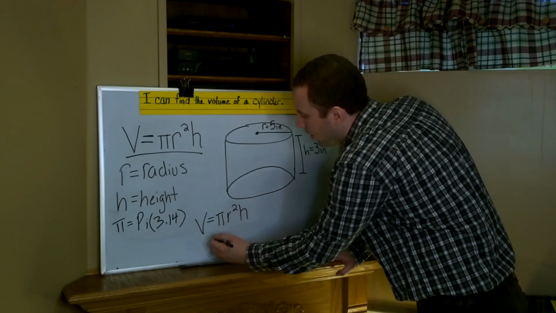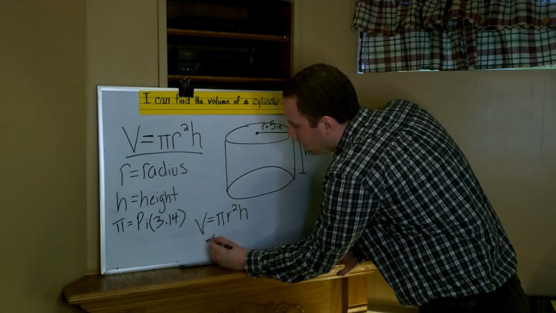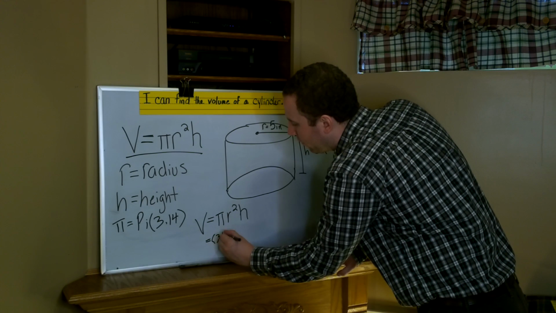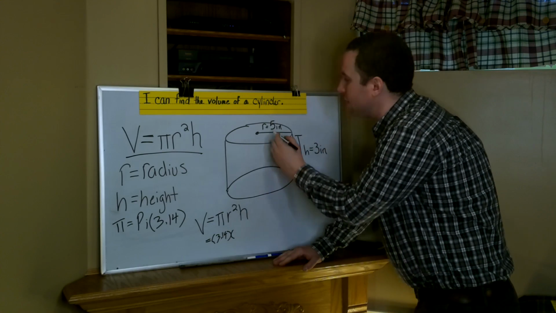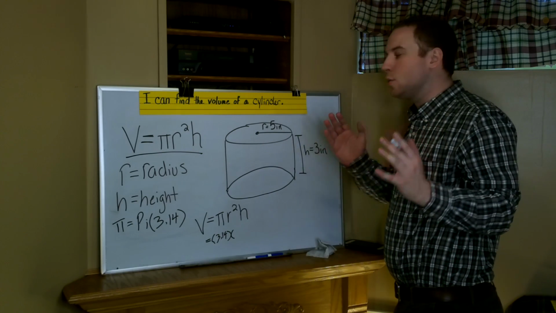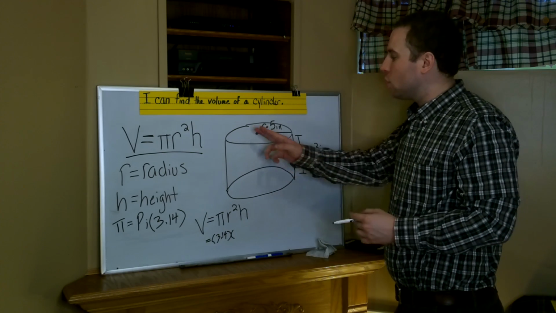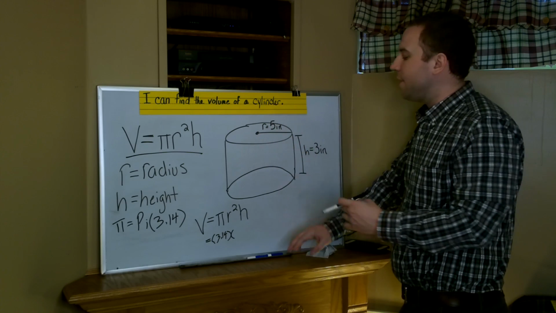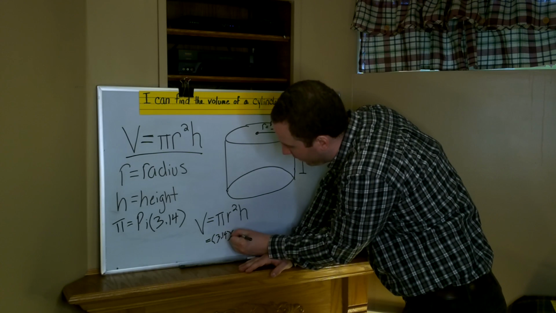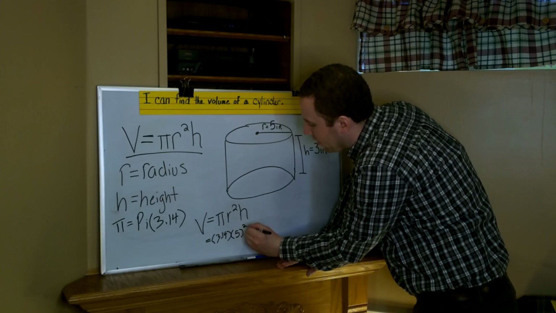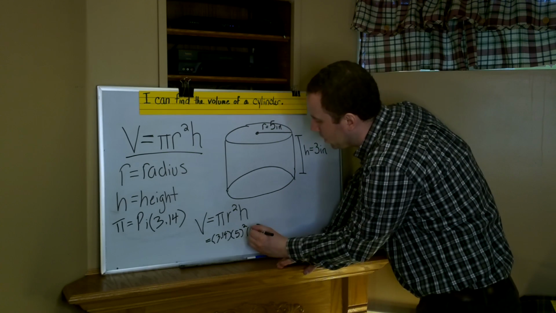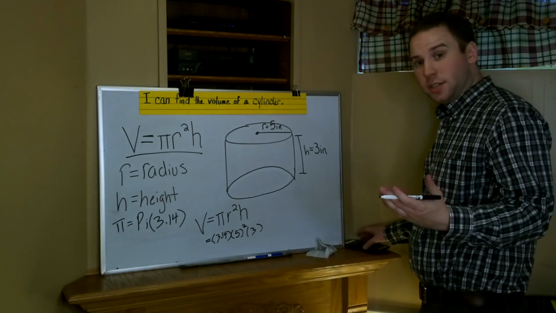Now, if we take our values and just plug them in, we get pi, which is 3.14, times the radius squared. The radius, again, radius always deals with what? Circles, right. So our radius here is 5 inches. So we're going to plug in 5, we're going to square it, and then we're going to multiply that by the height, which is 3 inches.